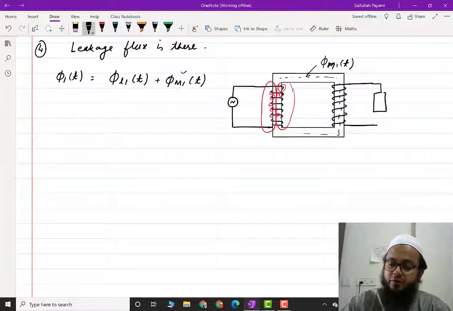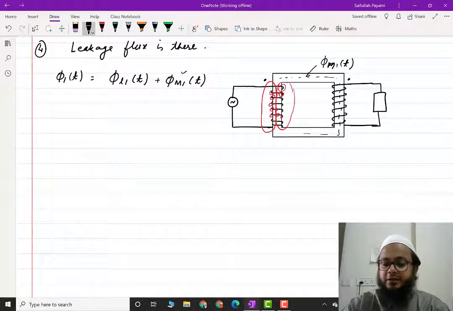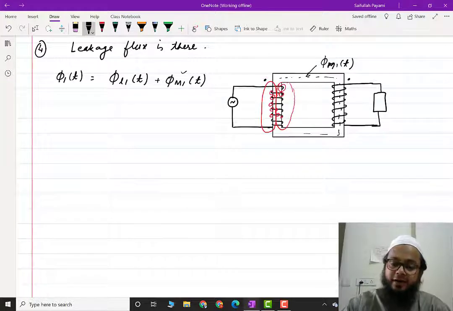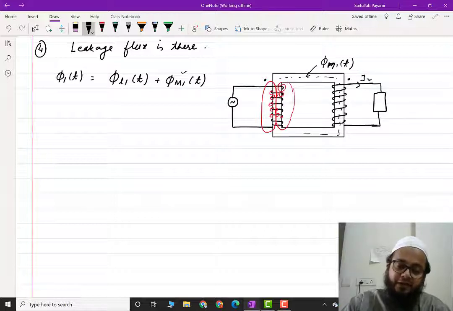Similarly, if you load it, the load will draw some current, based on the sign conventions. Some flux will actually leak out in the secondary windings as well. Not all the flux will counter the main flux here.